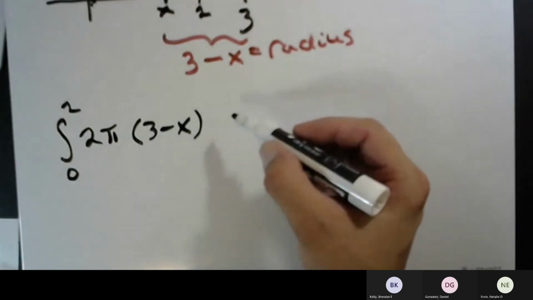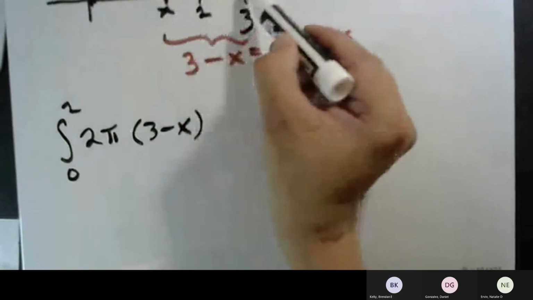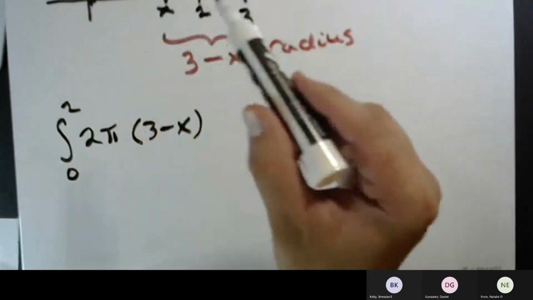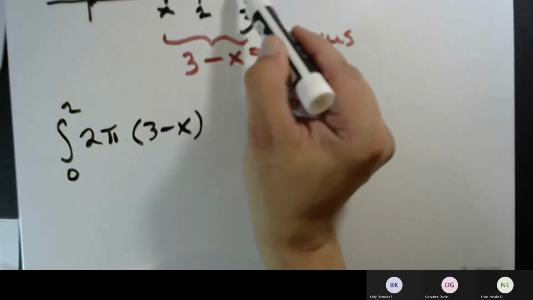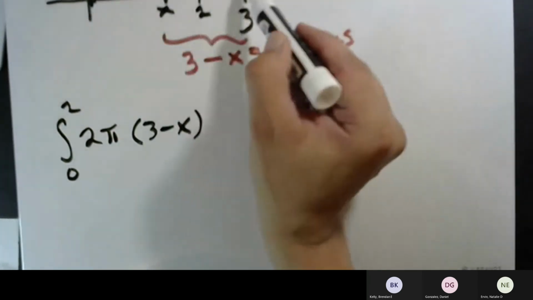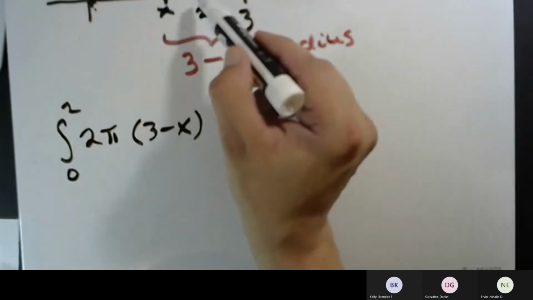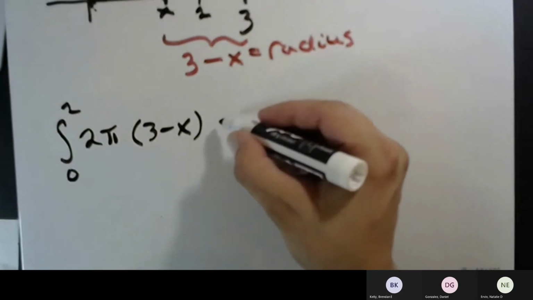And again, that gives you all possible radii, because your radii can go from here to here, or from here to here. And then we have all the radii, in a sense, terminating in between. So from here to here is the shortest, here to here is the longest, here to here is sort of in the middle. So we need to go from 0 to 2. That's going to capture all the radii that we can get.